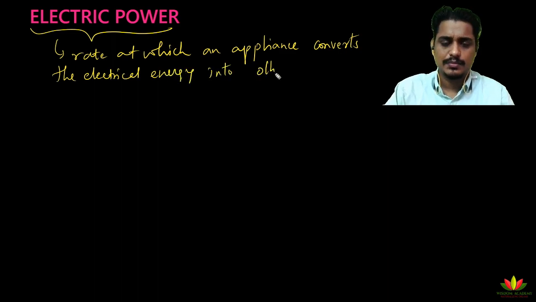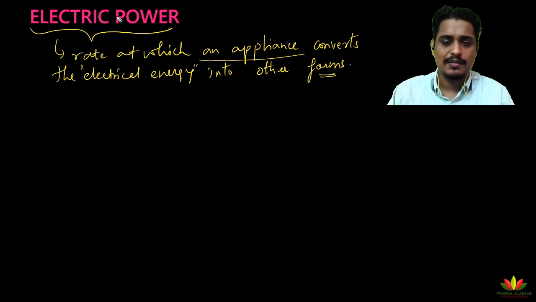For example, the bulb converts electrical energy into light energy. The fan will convert electrical energy into wind energy. So the rate at which the appliance is converting the electrical energy into its other forms is known as power.